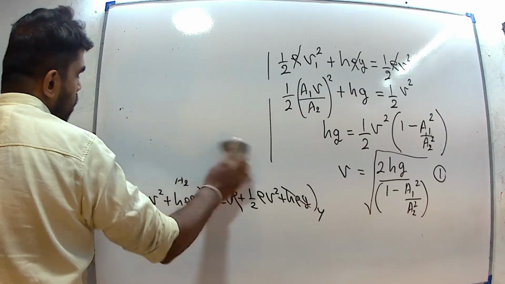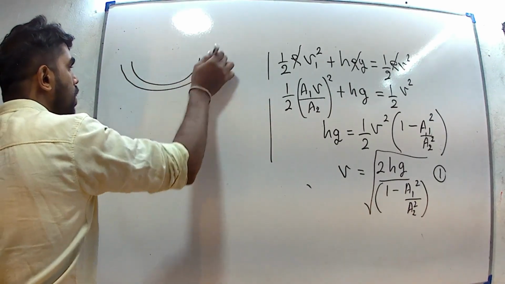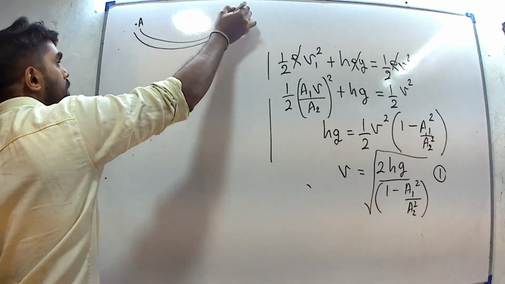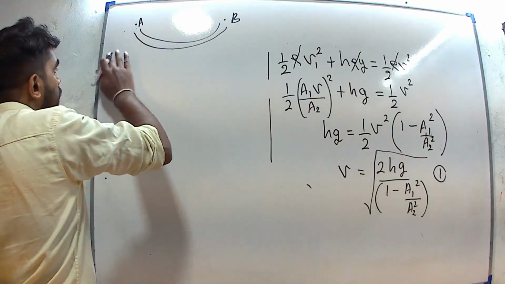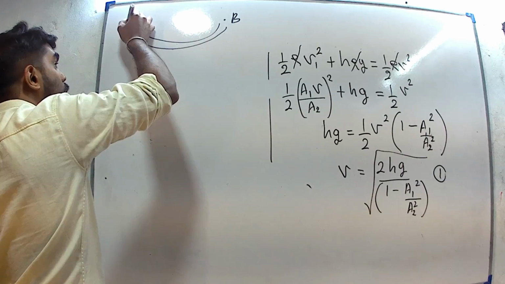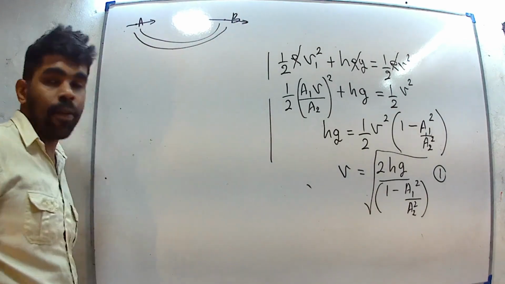Again we have to use Bernoulli's principle. There are two points, this one and this one. I will consider A and B. Then we can use Bernoulli's principle between A and B for the airflow in this direction. They have given the velocity.